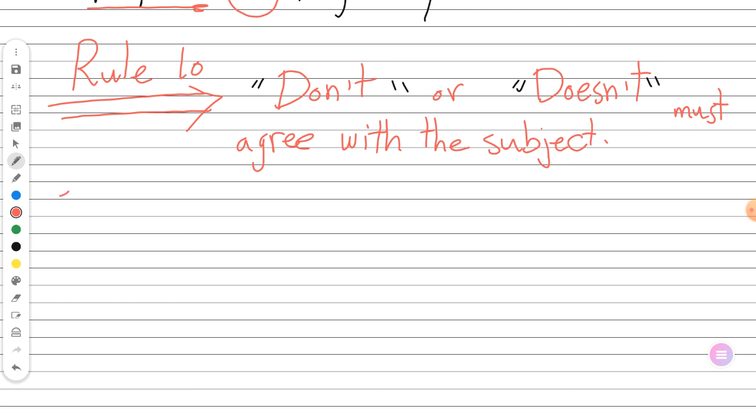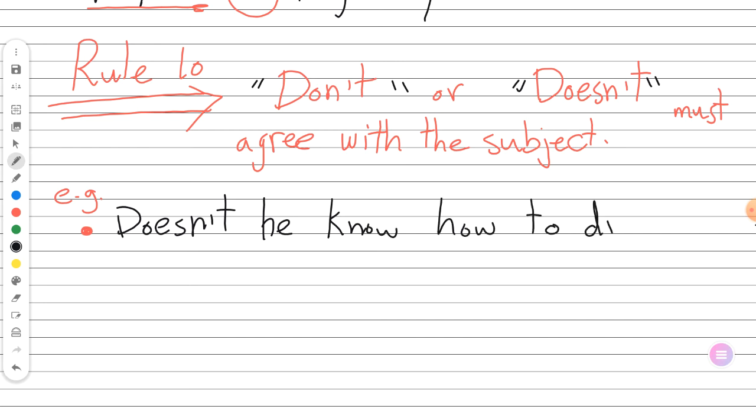Let's have an example. Doesn't he know how to drive?